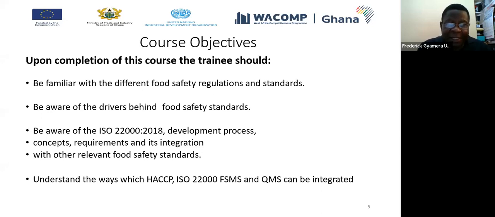So the integration is there. Yesterday we mentioned it, and other relevant food safety standards. There are several food safety standards, but the most important one, the apex document, is the ISO 22000, which incorporates a lot of principles from ISO 9000 and from Codex.